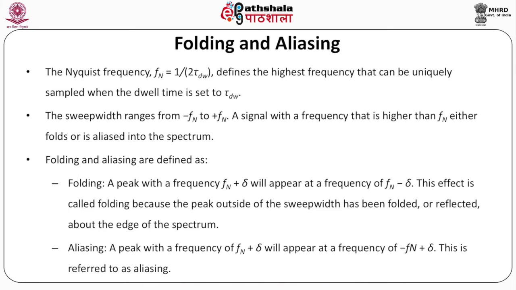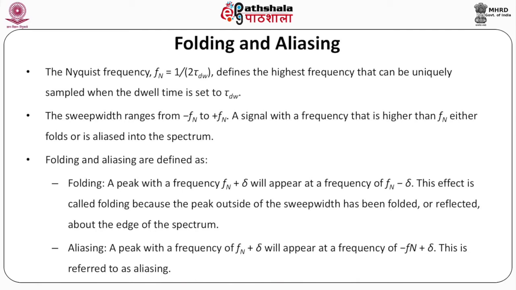Folding and aliasing. The Nyquist frequency Fn is equal to 1 by 2 tau dw, where dw is the dwell time, and defines the highest frequency that can be uniquely sampled when the dwell time is set to tau dw.